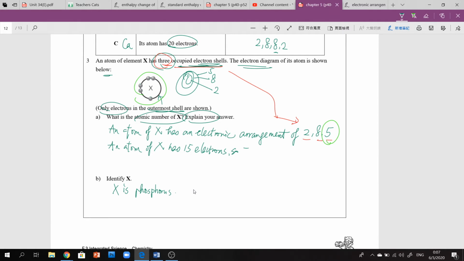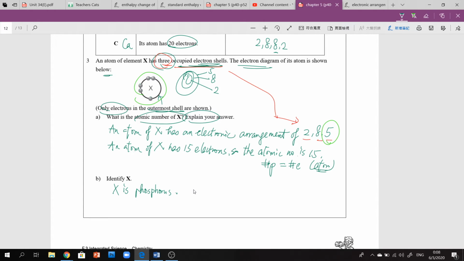So the atomic number is 15. Why? Number of protons equals number of electrons inside an atom. So you know that X is phosphorus.